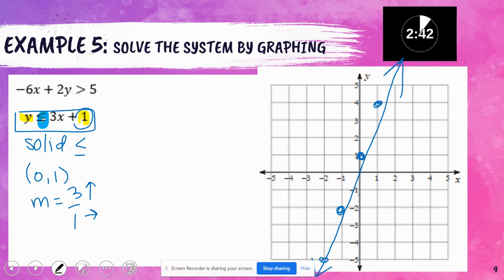For example, 0 works. My line's a little off, but 0 is less than 1. Negative 2 works. Negative 2 is less than or equal to 1. Negative 3 works. Negative 4, all of these values in between work. So we want to shade below our graph. We want to shade below and towards all of those y values.